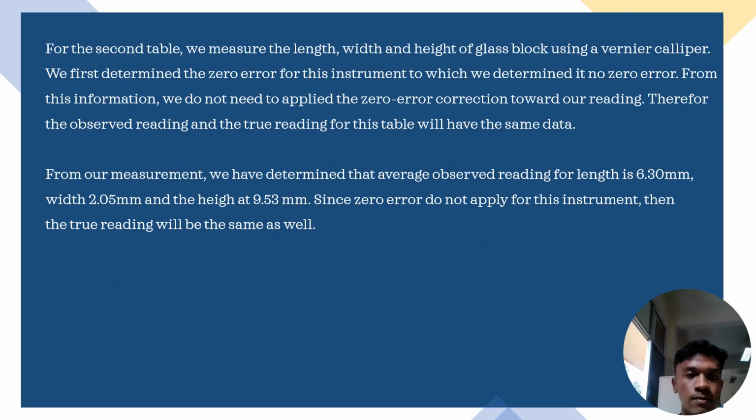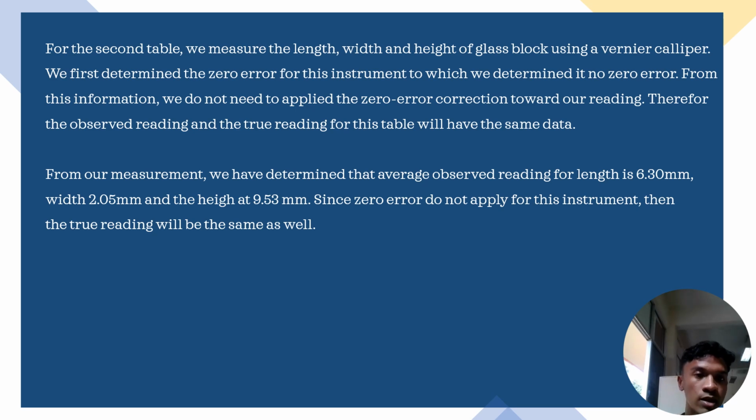For the second table, we measured the length, width, and height of the glass block using a vernier caliper. We first determined the zero error for this instrument, and we determined it has no zero error. From this information, we do not need to apply the zero error correction to our readings. Therefore, the observed reading and the true reading for this table will be the same data.